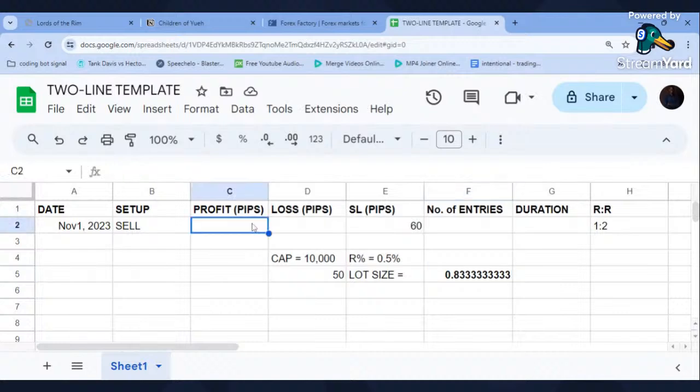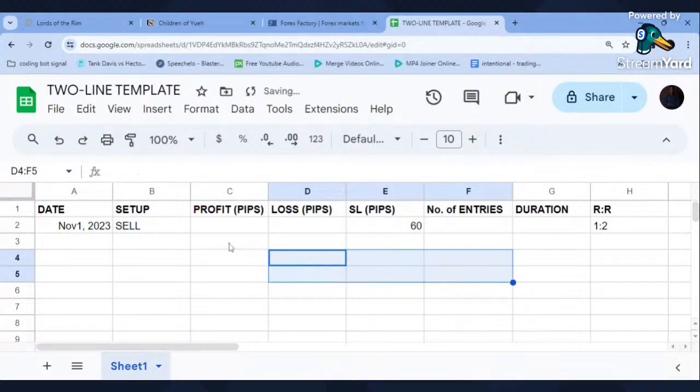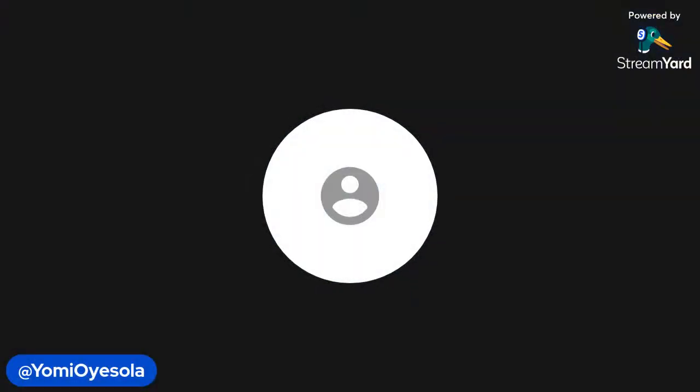And the profit target, remember, we're using 1:2. I can't determine the profit yet until I see what's going on. I want to confirm that this goes well. Remember that we are back testing. Sorry, I have to share my screen again.